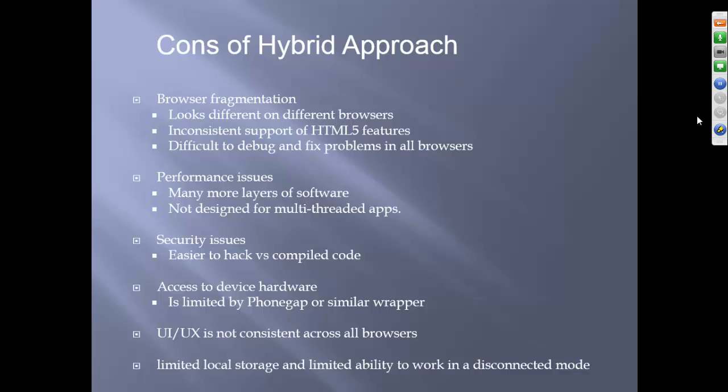And there have been a number of notable cases in the industry. Facebook first did a hybrid app and then decided that wasn't really good enough. More recently, LinkedIn backed away from a hybrid approach and went towards a native approach. So it really depends on your app requirements.